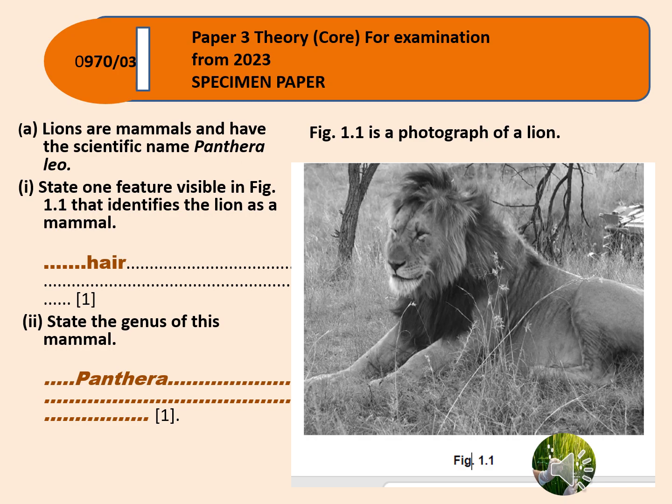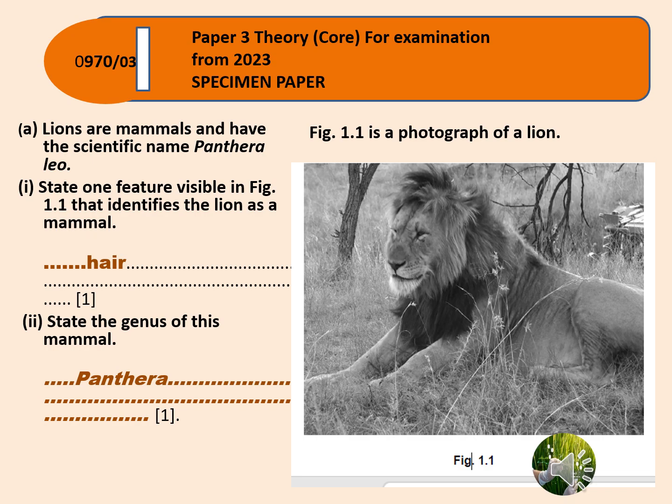The first question is, state one feature visible in figure 1.1 that identifies the lion as a mammal. If you look at the picture, you can see hair. Hair is one of the features which distinguishes mammals, hair or fur. So the answer is hair.